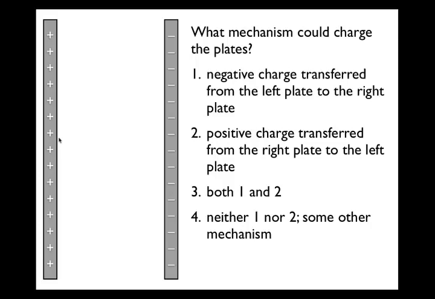But if you answered number 3, I don't really have a problem with that, because everything that we do can be thought of with a model in which both positive and negative charges move. And in fact, those positive charges need not be protons.